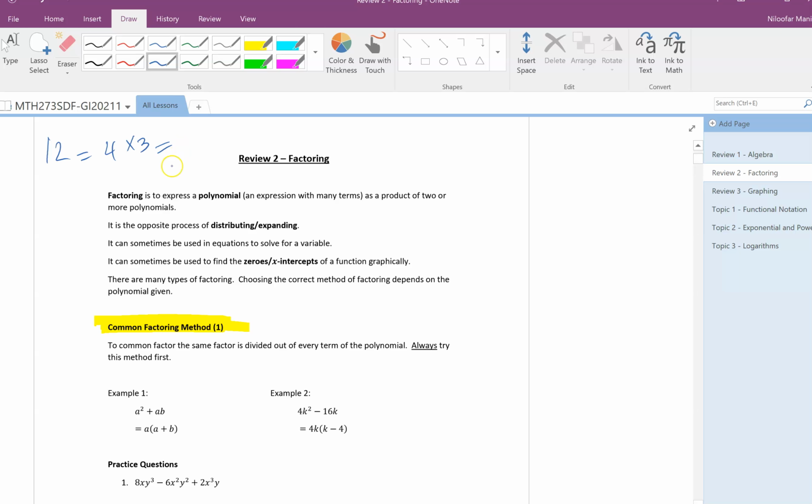Fully factored means to prime numbers. So I continue until I cannot continue. That's fully factored: 2 squared times 3, and that's for numbers.